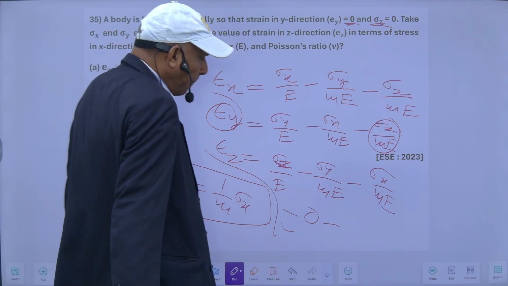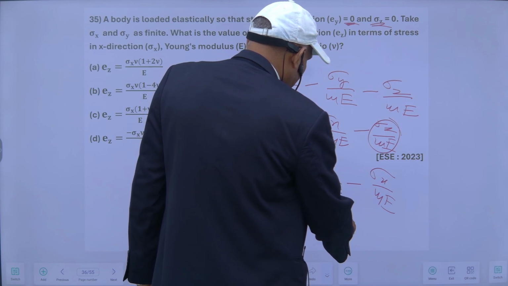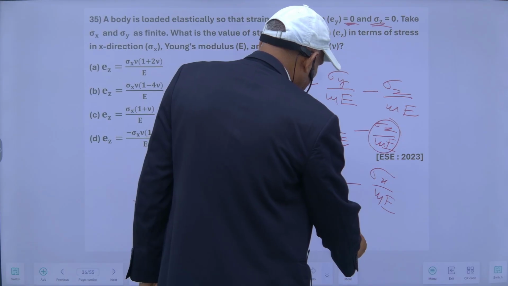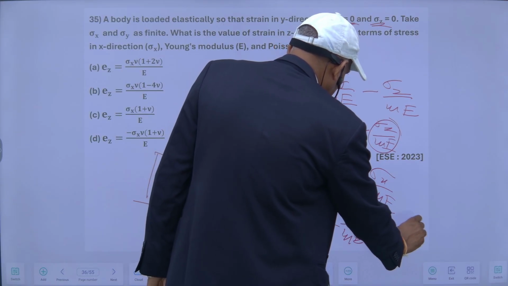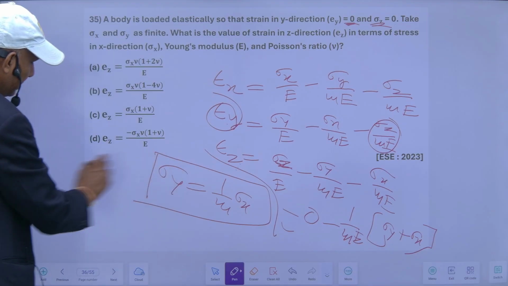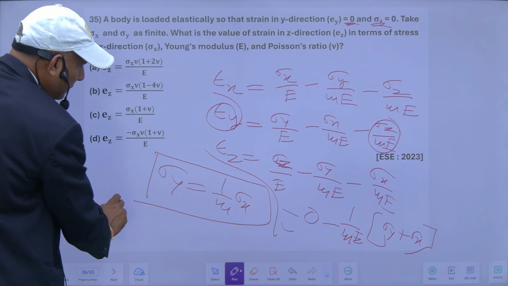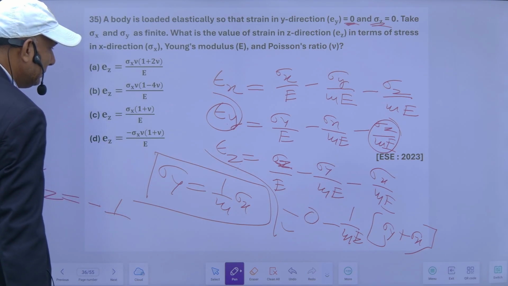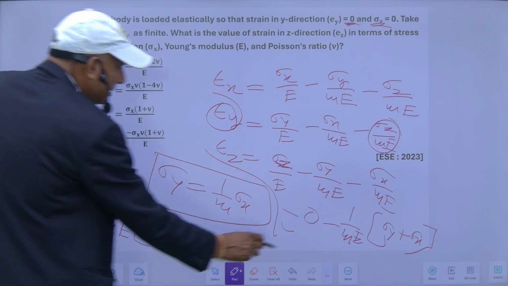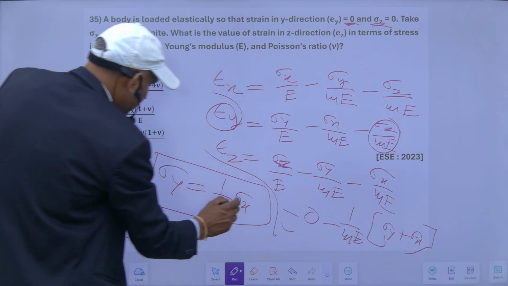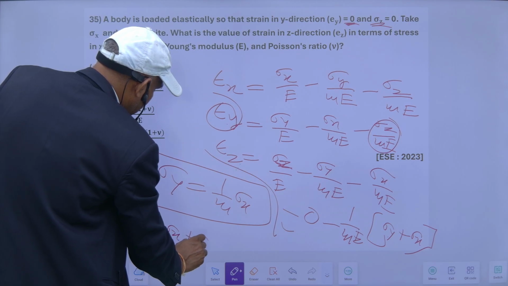So if I take minus common 1 upon mE into sigma y plus sigma x, this will be the strain in the z direction, minus 1 upon mE, sigma y is equal to this one, 1 upon mu sigma x, plus sigma x.